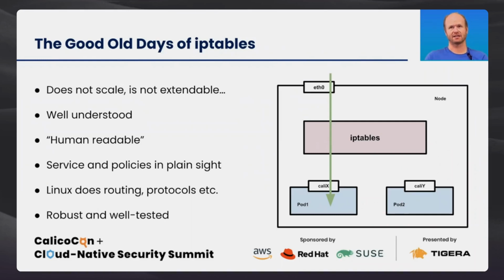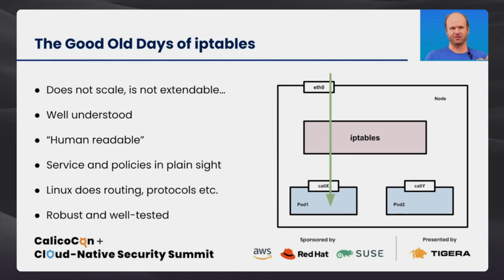On the other hand, iptables is really well understood. It's been around for 20 plus years. And over those years, it was quite battle-hardened. Also, a user can dump all the rules in iptables, and those rules are sort of human-readable.